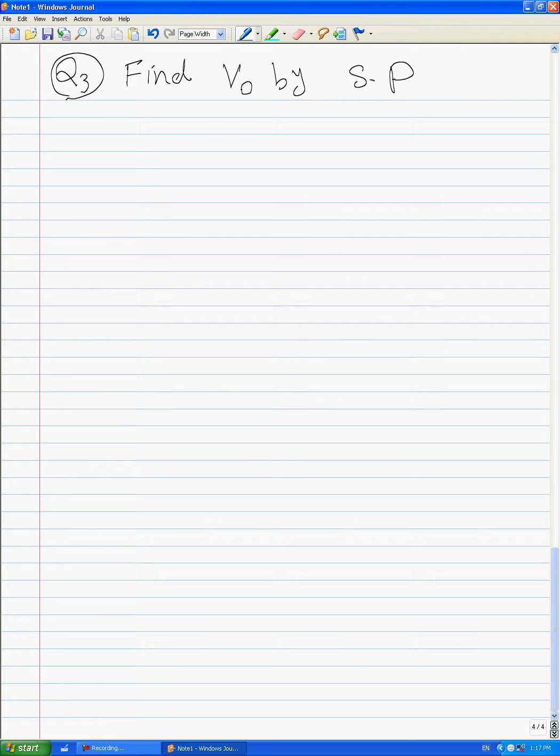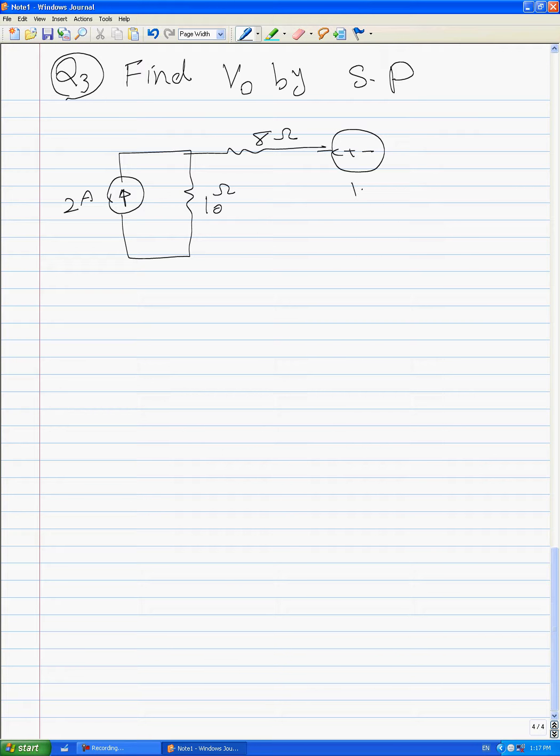For this circuit, we have 2 amps here. We have 10 ohms here. And we have 8 ohms here. And 20 volts here.